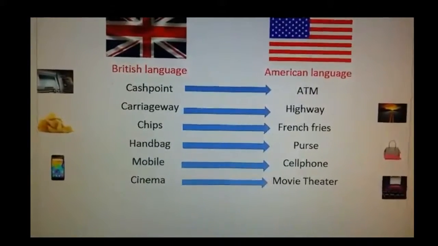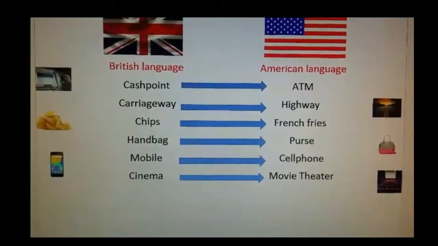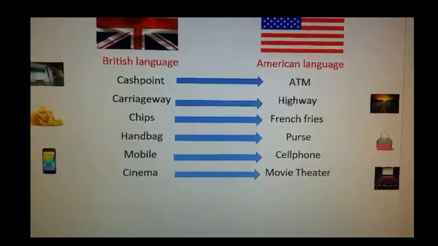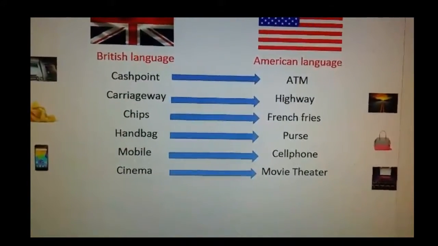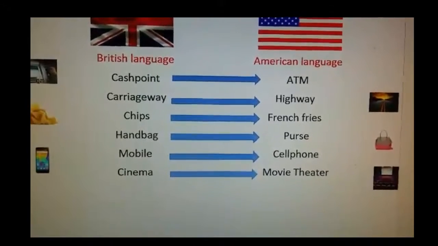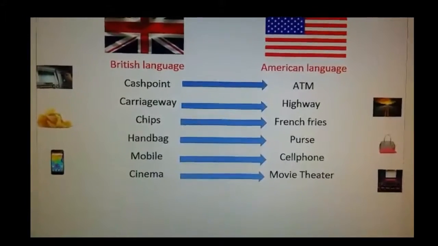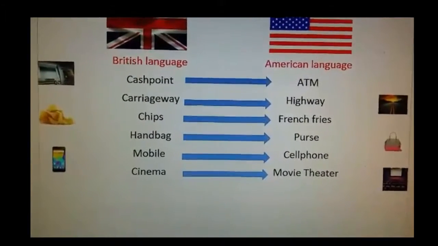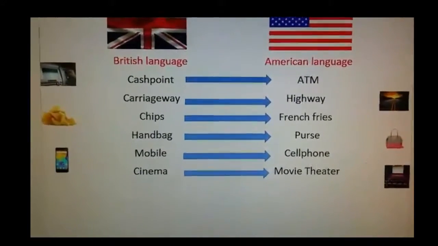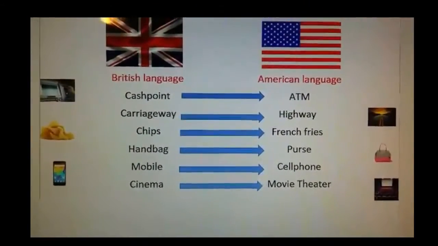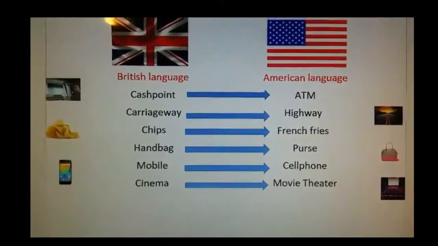In British English, they use handbag, but in American English, they say purse. Mobile is a word of British English, and cell phone is a word of American English. And cinema is used by British people, and movie theater is used by American people. These are the words that we used in our conversation.